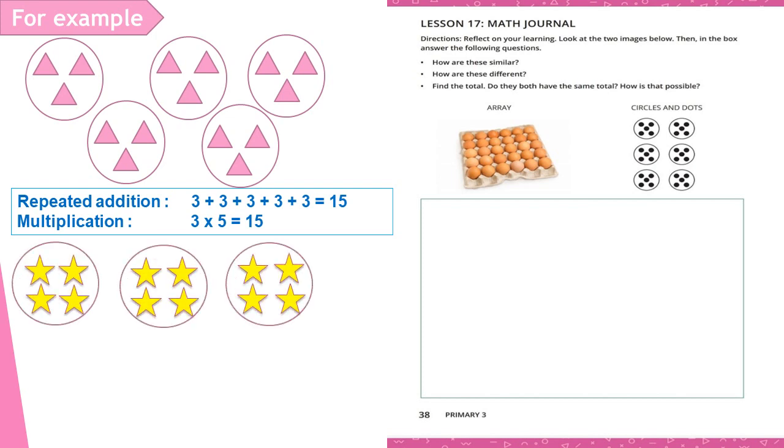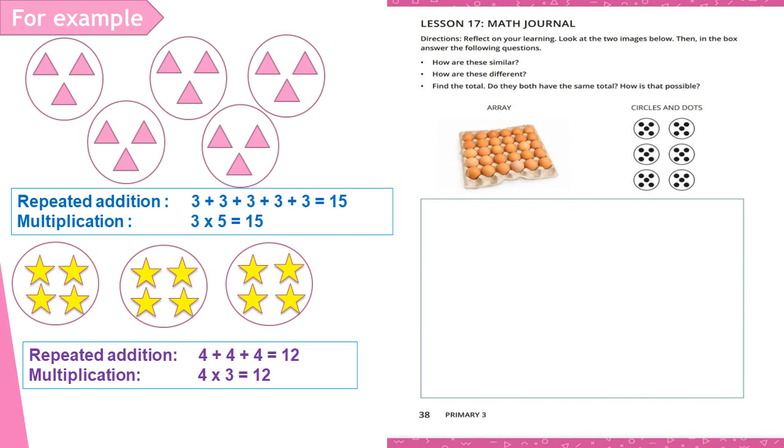Another example, we have 3 groups of stars. Each group has 4 stars. Then we find that 4 is repeated 3 times. So the repeated addition equation, we add 4 three times. 4 plus 4 plus 4. 4 plus 4 equals 8. 8 plus 4 equals 12.